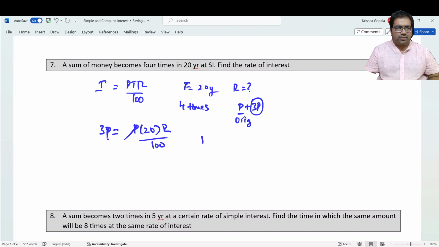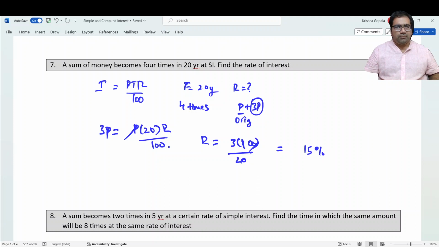P and P get cancelled. R is equal to 3 into 100 by 20. 30 by 2 is equal to 15%. Right? So it's 15%.